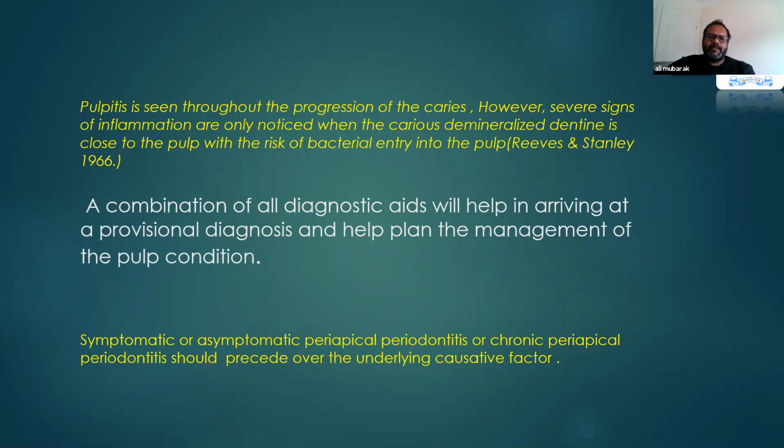Always remember, symptomatic or asymptomatic periapical periodontitis or chronic periapical periodontitis should proceed over the underlying causative factor. So, as we spoke before, you should ascertain why the pulp has been diseased or exposed or inflamed, and that should be your primary causative factor.